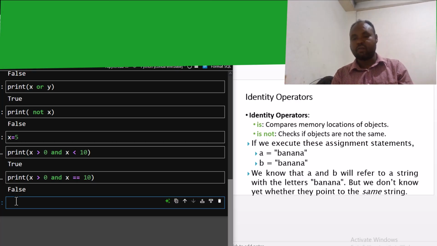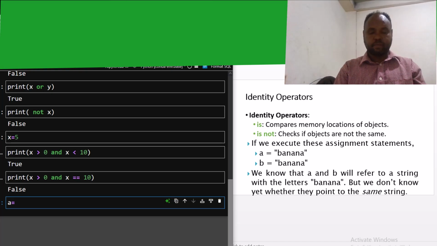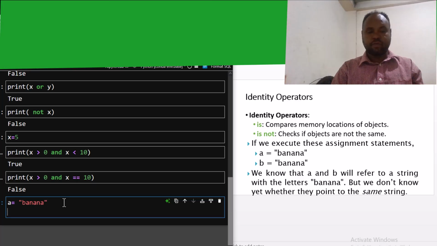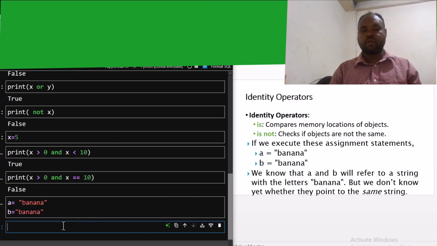Alright? For example, if we execute these assignment statements, A refers to banana, B refers to banana, right? Then we know that A and B refer to a string with the letters banana, but we don't know yet whether they point to the same string.